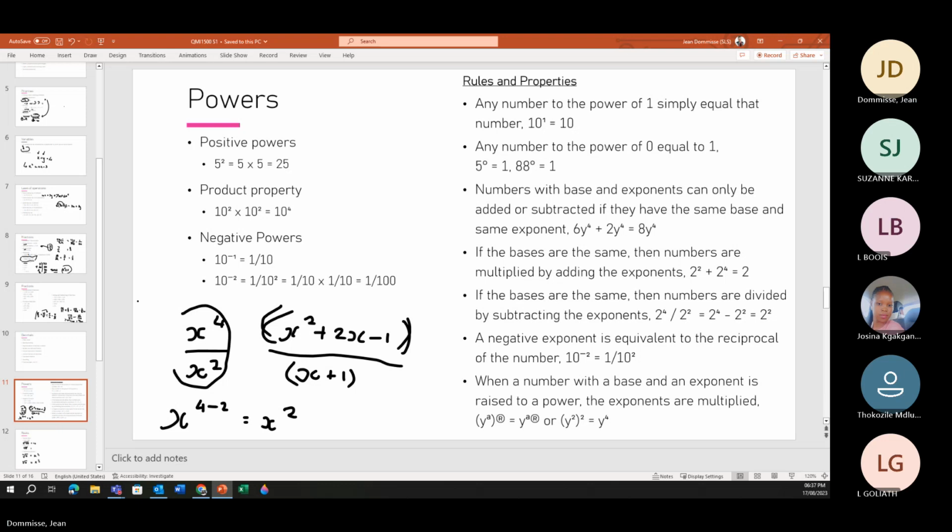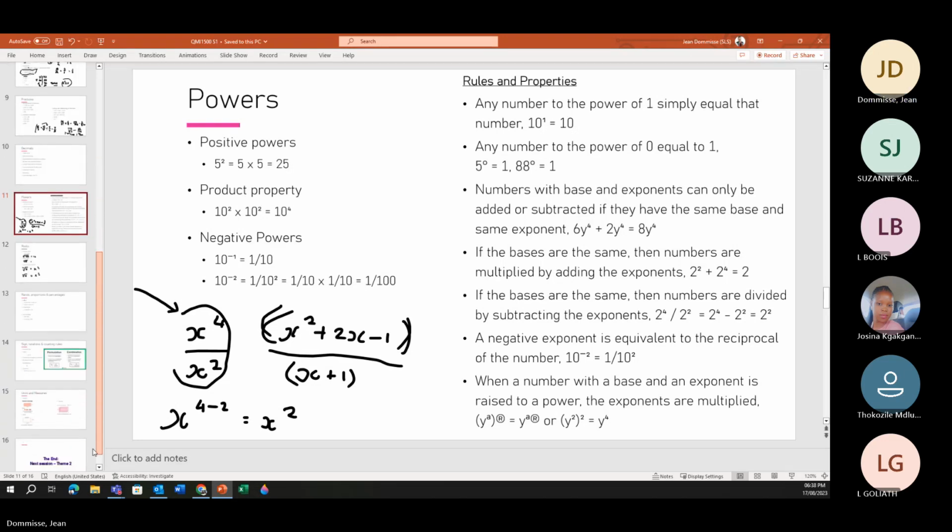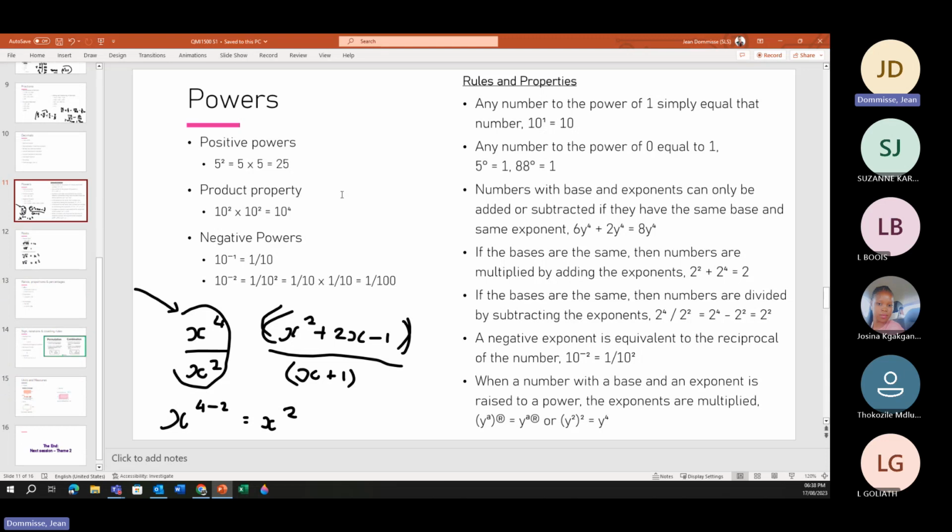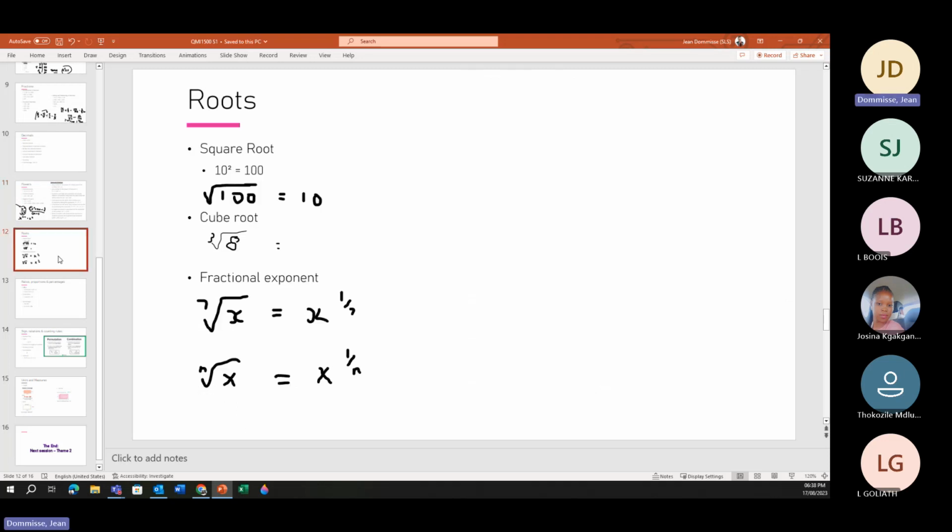But this one would have been something that is covered early, this equation will be covered much later. So that is in theme 2 and 3, where you will look at simple and quadratic functions and things like that. Okay, then for other things, so when we have something to the power of, obviously the opposite of that is roots.